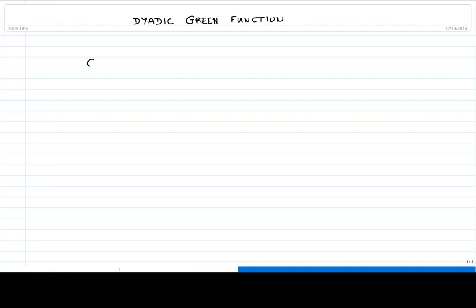So in chapter 2 we introduced this green tensor, or dyadic green function, which relates a source positioned at R prime, which can be a current density distribution, with the electric field calculated at a position R. And we showed that this is expressed as a function of the scalar green function with the following expression, where I is the unit tensor or dyad, and G node is the scalar green function.